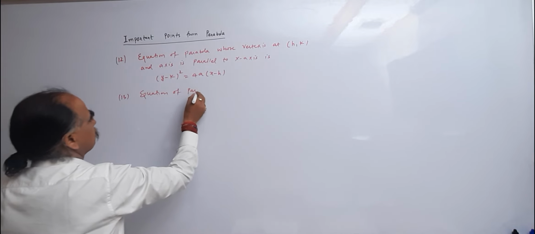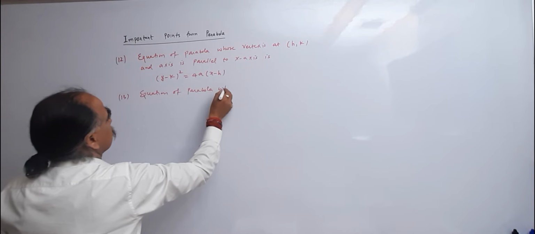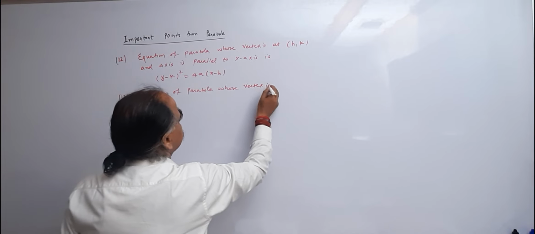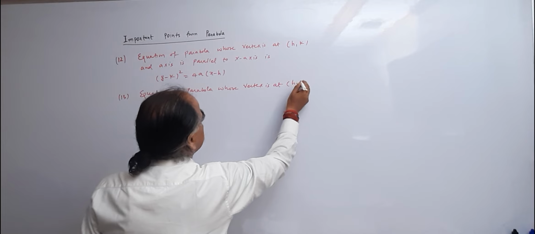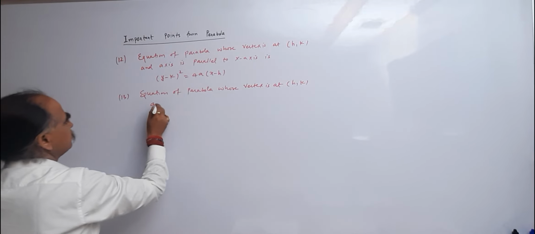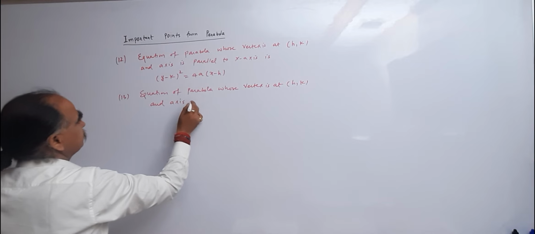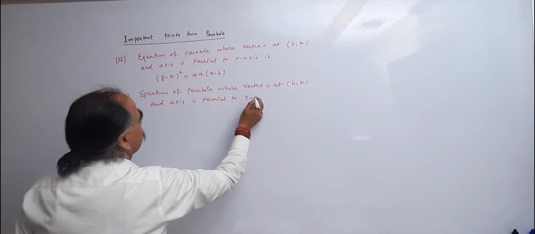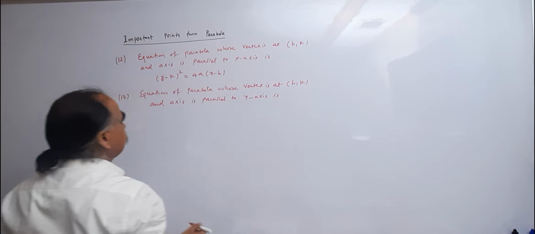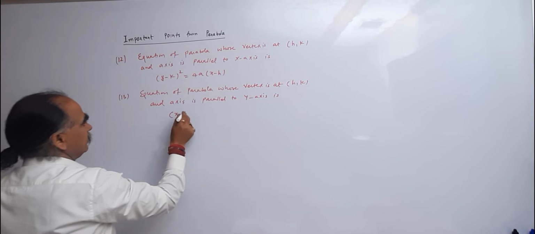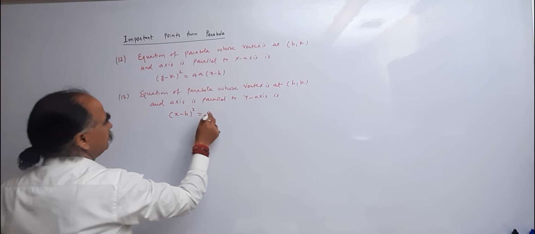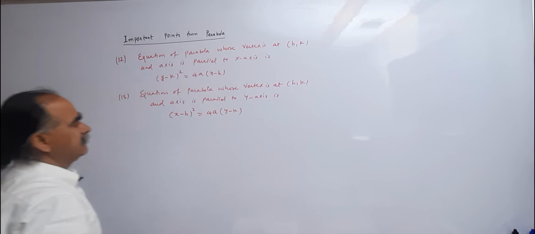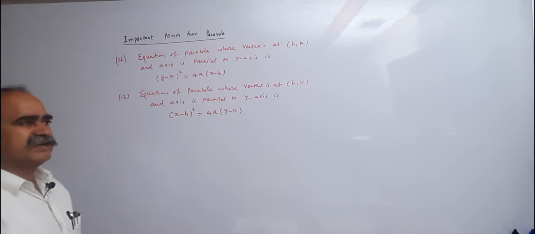Equation of parabola whose vertex is at (h, k) and axis is parallel to y-axis is x minus h square is equal to 4a into y minus k, or you can write 4b into y minus k, anything.